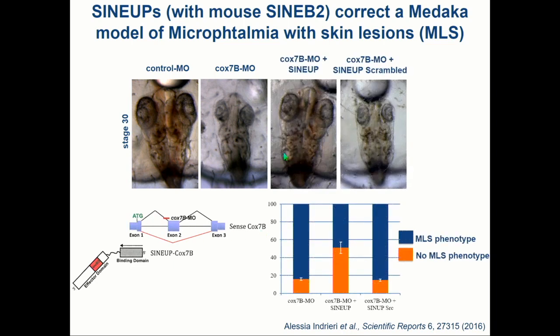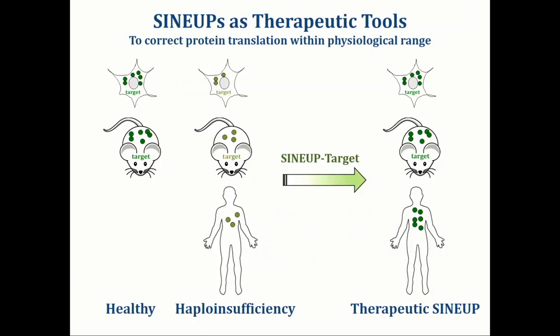And actually, in 50% of the cases, this worked very nicely. So essentially, it is now possible to rescue a deficiency of proper RNA by enhancing protein translation using one antisense RNA. So this is very promising, we think, because we can target many genes, many haploinsufficiencies.